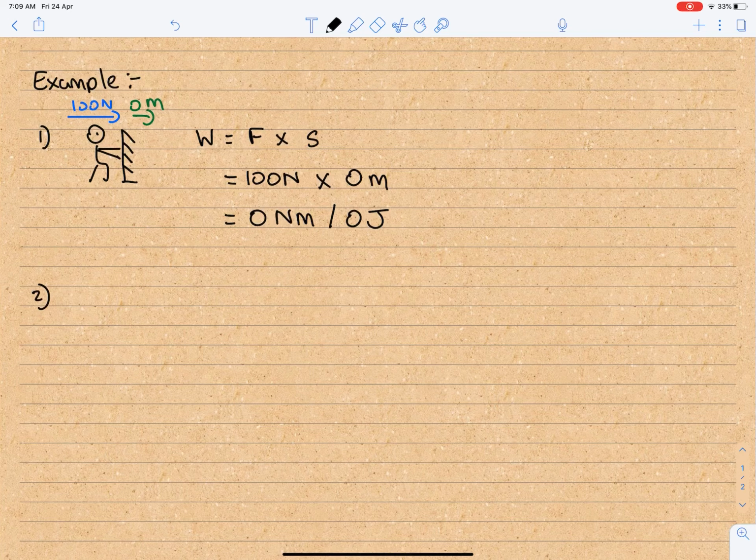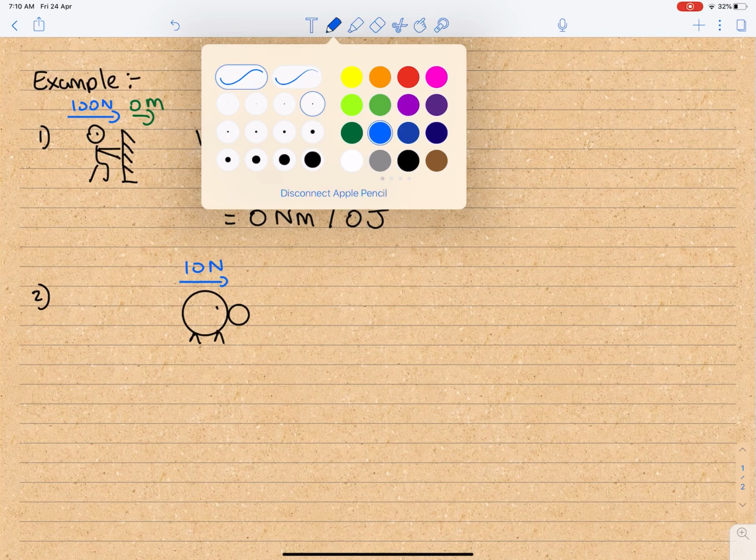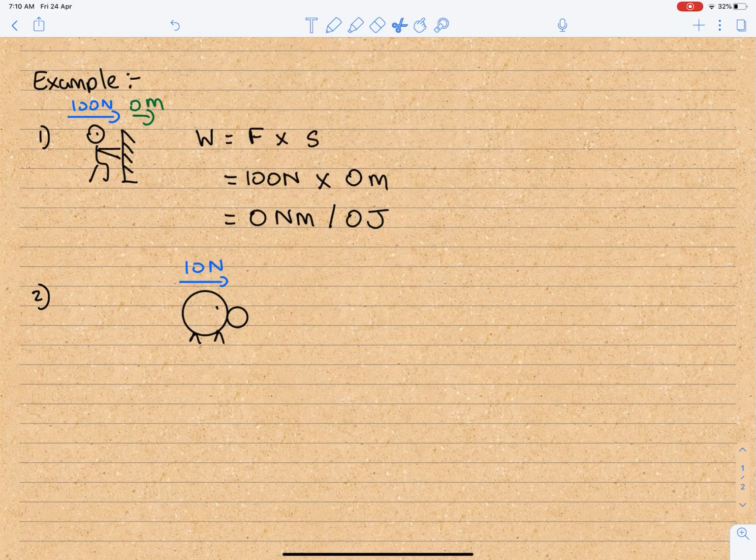Example 2. Let's say that we have a dog pushing a ball. The dog gives, say, 10 Newton of force, and the ball is pushed for 5 meters.